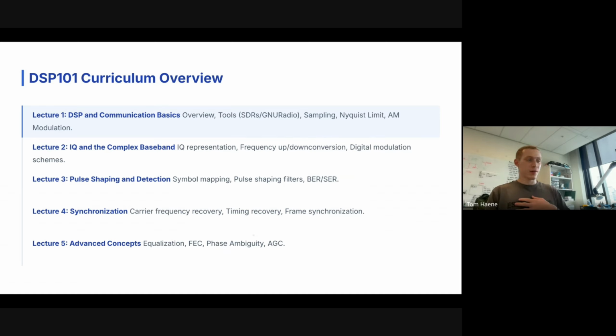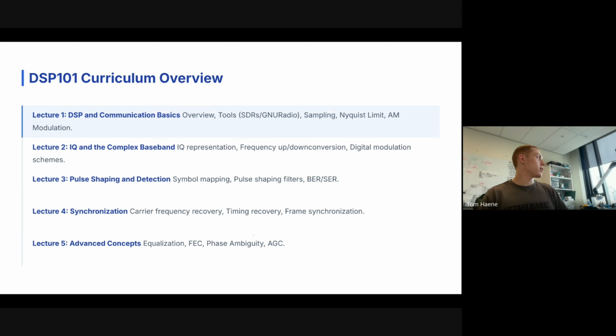So today we're covering DSP and communications basics. We'll cover an overview of these things, the tools that we'll use in the RF comms team and the DSP side of it. We'll cover sampling, the Nyquist limit, and some basics of different modulation schemes, which might all sound Greek, but it'll hopefully make a lot more sense by the end of today.